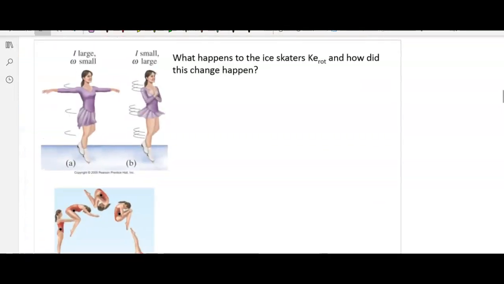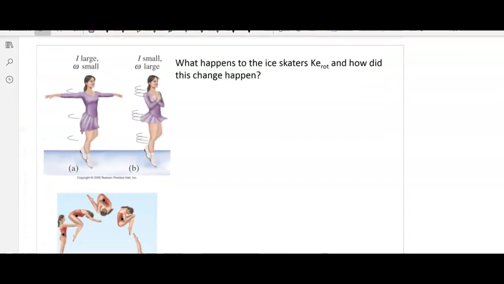What happens to an ice skater's rotational kinetic energy, and how did this change? Well, first, let's look at forces. So the forces, right, we still know you got gravity down, normal force up. Okay? Those are equal, so the net force is 0. When you pull your arms inside, there are no external forces. That's just your muscles pulling on each other, so there are no external forces.